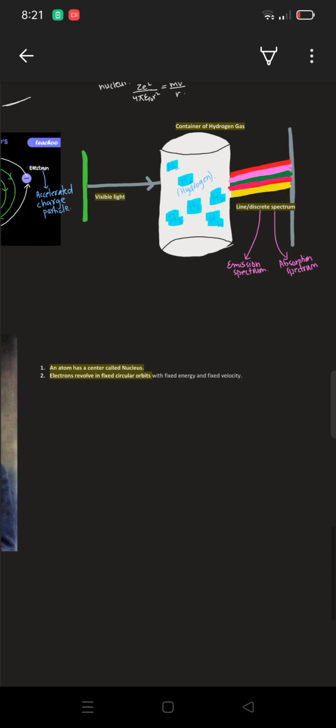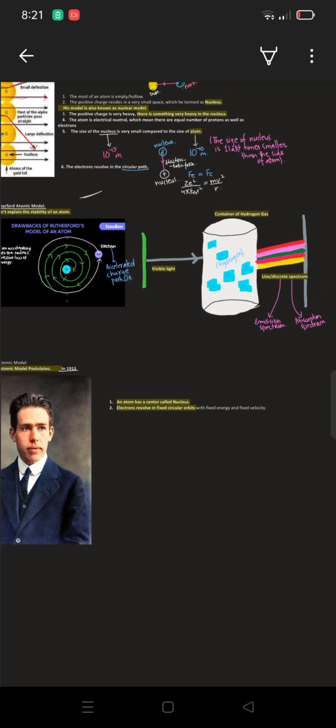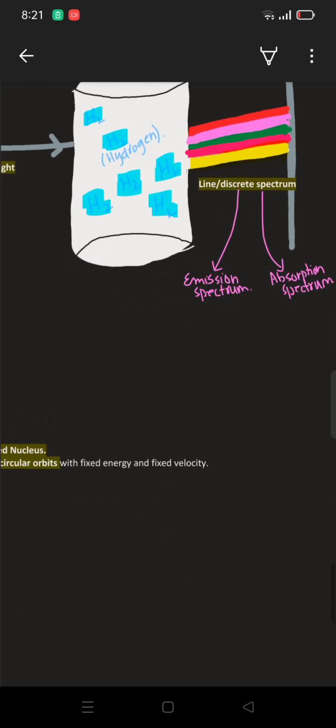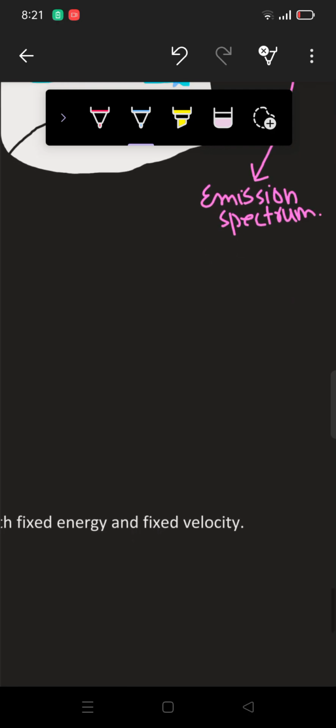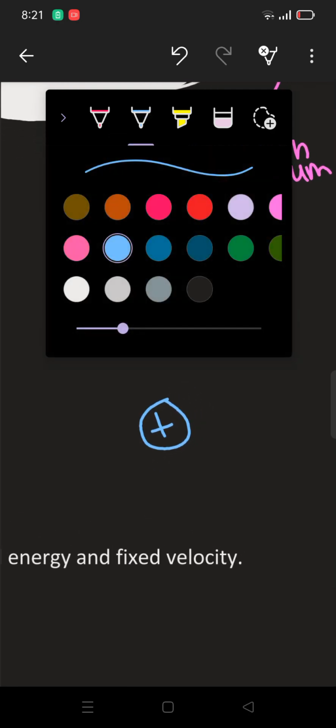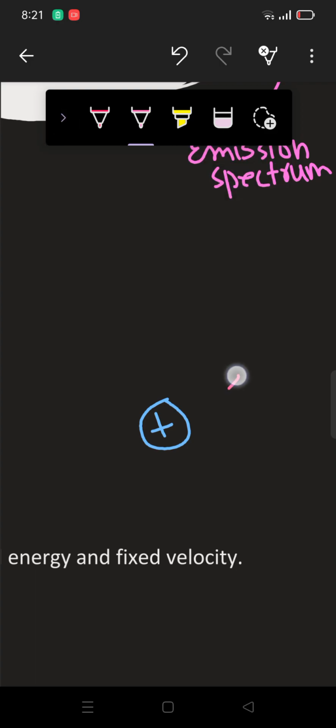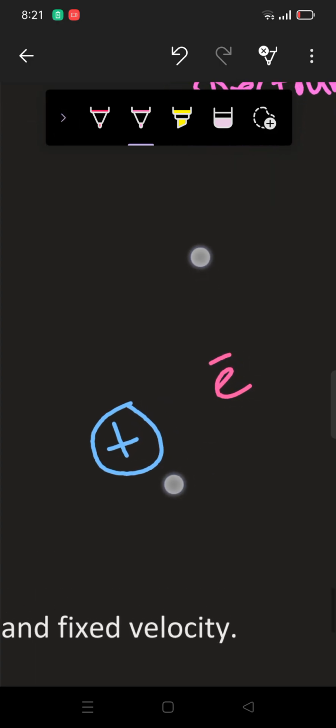What did Rutherford say about this? Rutherford just said that electrons revolve around the nucleus. He didn't say that they revolve in fixed orbits with fixed energy and fixed velocity, right? For example, this is the positive charge I have, and here I have an electron.